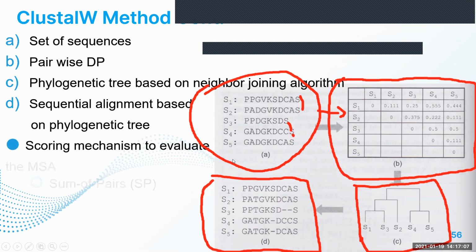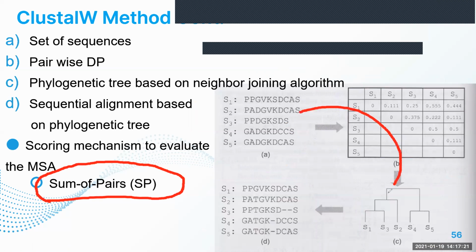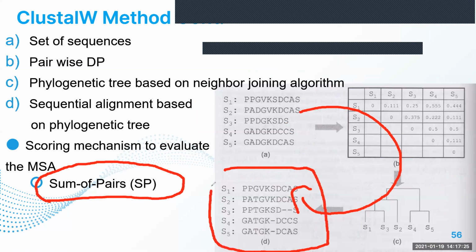As I said before, as a scoring mechanism, you can use sum of pairs or whatever you want. So you can see what the usage of sum of pairs is. You have done the alignment, and now you have some sort of alignment here.